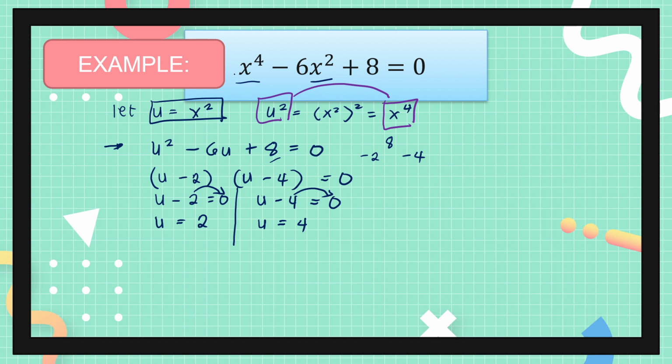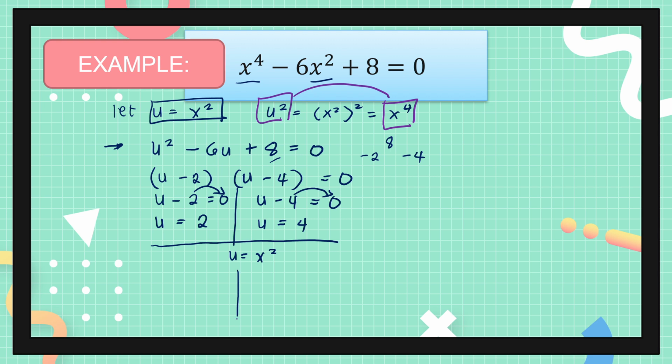So to do that, we need the representation of the variables. So again, in the first part, we represent x squared as u. So you will substitute it here, since u is equal to x squared.